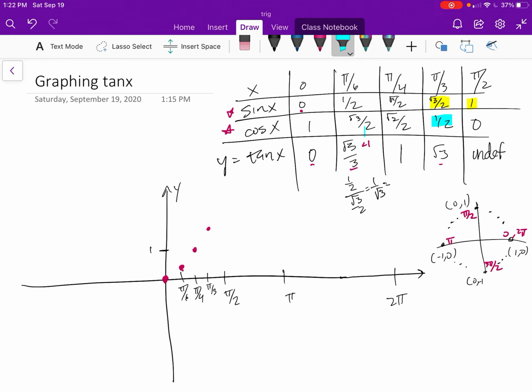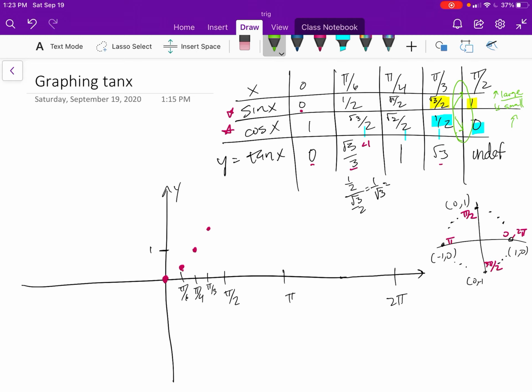It was square root of 3 over 2, square root of 2 over 2, getting smaller and smaller until it hits 0. So what we want to think about is what is happening right before pi over 2. This is getting larger and larger to 1, and this is getting smaller and smaller. If you take a number and divide by something very small, the result gets larger and larger.